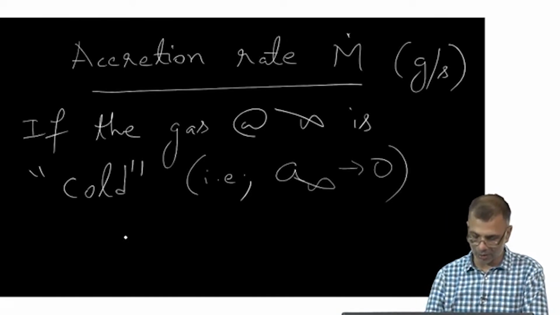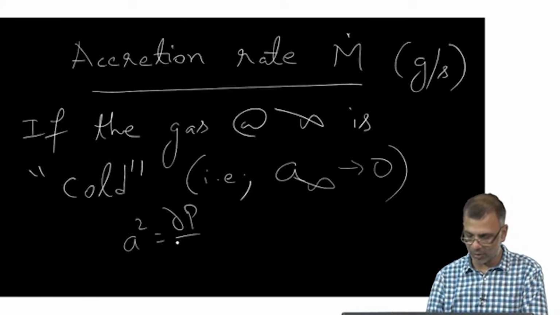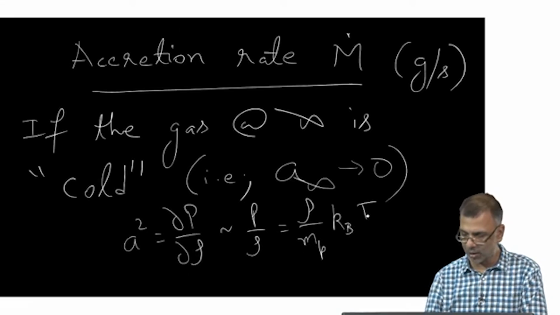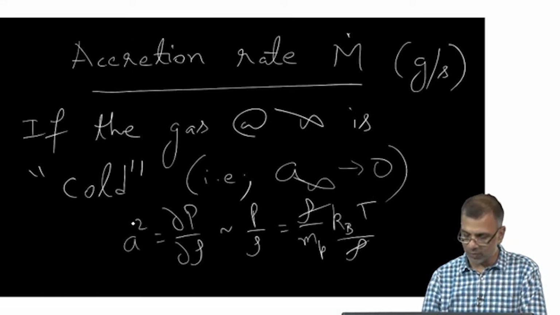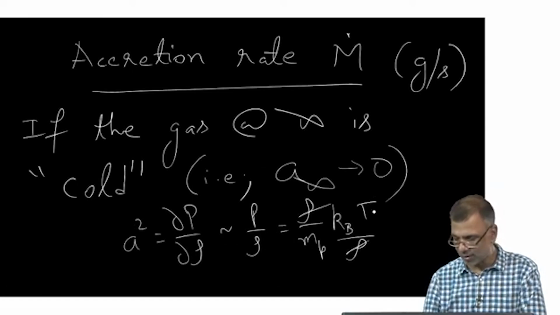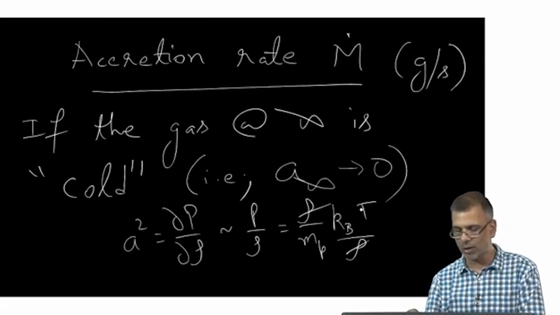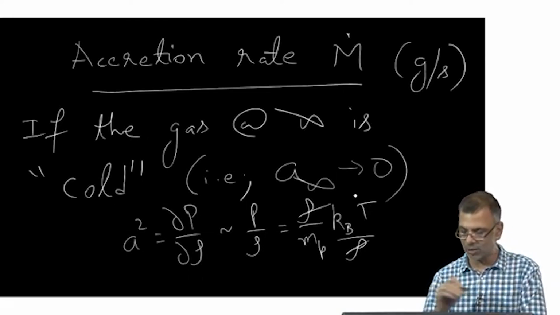You remember the formula for sound speed: A squared equals dp/d rho, something like p over rho, which is n k Boltzmann T over rho. So the square of the sound speed goes as the temperature. If the gas is cold, the sound speed is also 0.